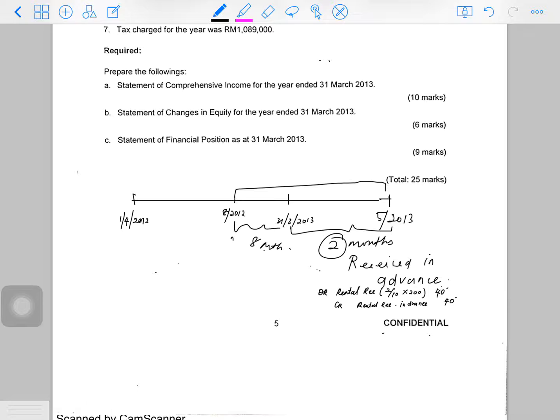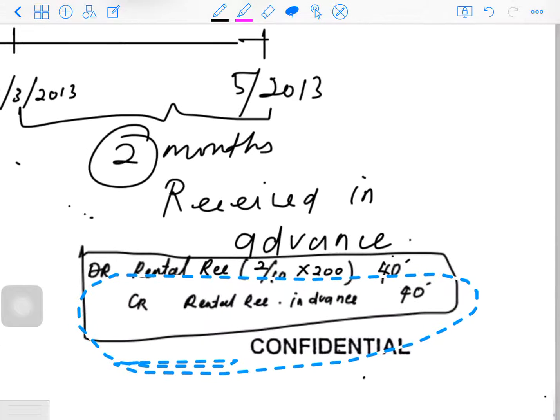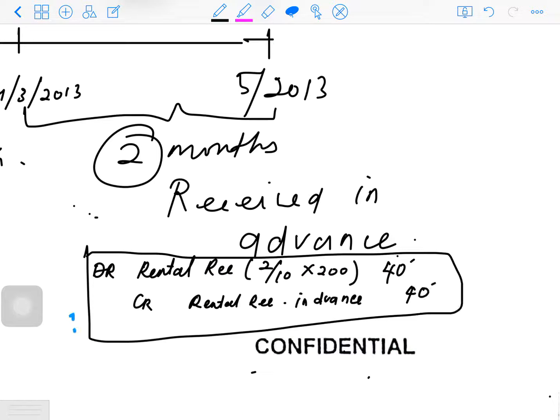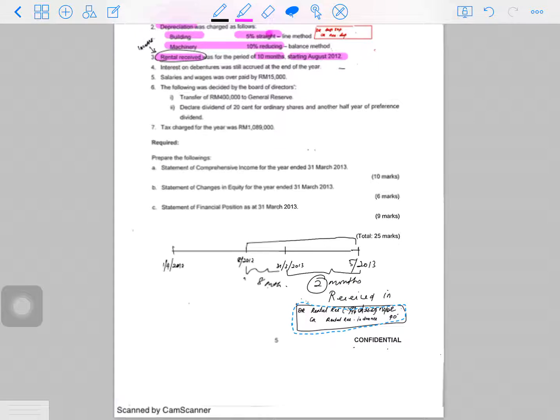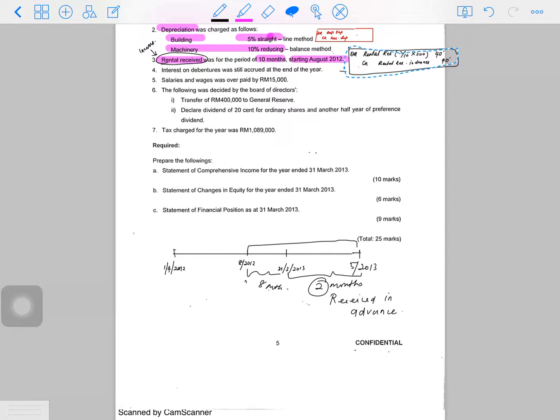Okay. So this is your double entry. Here double entry for rental received.